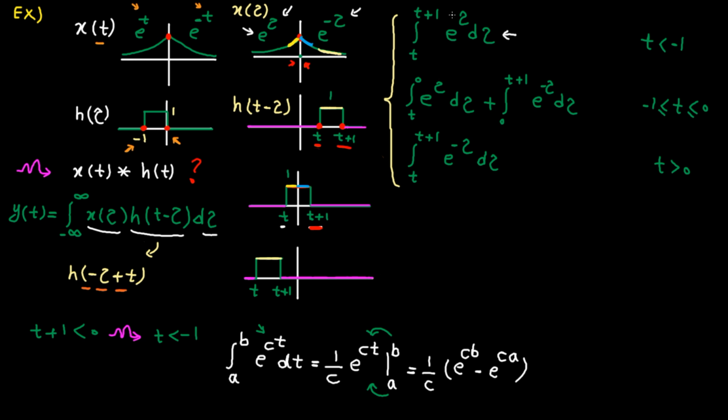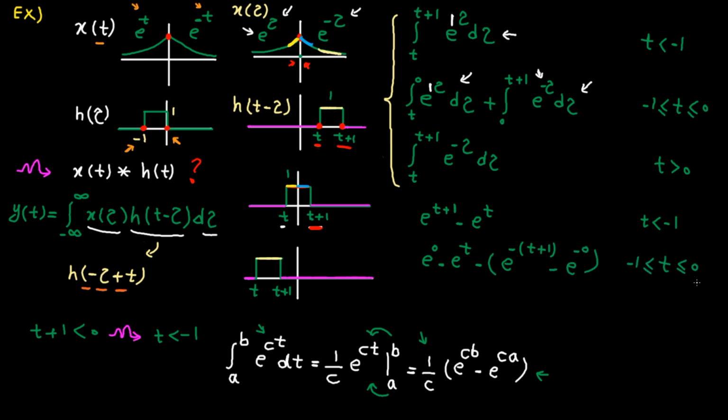In the first integral, c is 1, so based on this, we get e to the t plus 1 minus e to the t for t less than minus 1. Here, c is 1 again, and we get this by replacing tau by upper and lower bounds. For this integral, c is minus 1, and therefore there is a negative sign at the beginning. Here is what we get if we replace tau by upper and lower bounds.